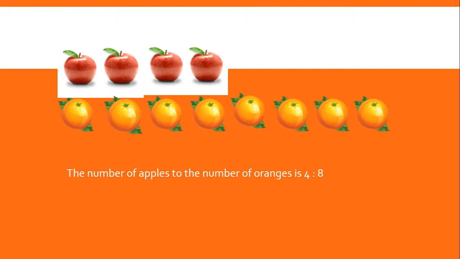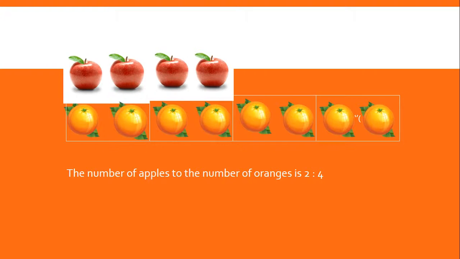The number of apples to the number of oranges is 4 is to 8. Ta-da! So when we distribute them into groups of 2s, we pair them up.